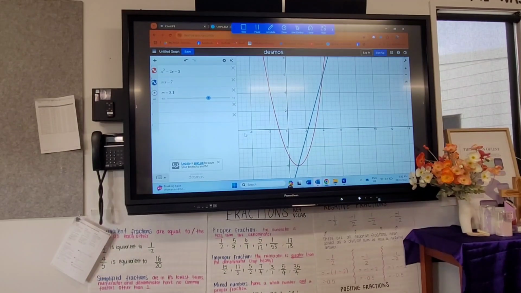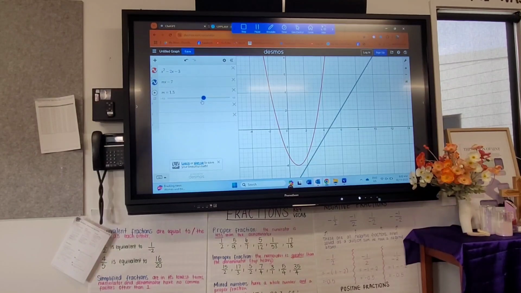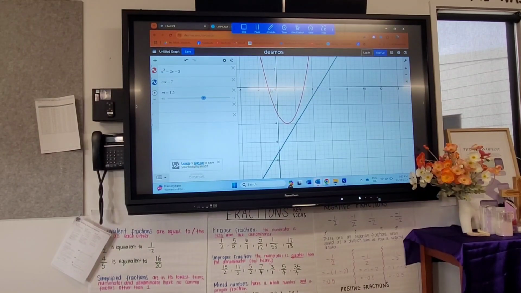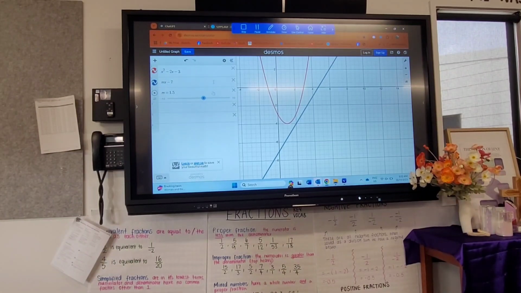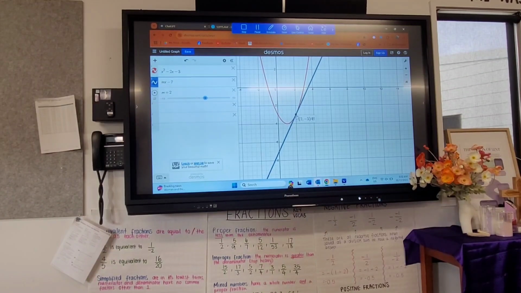It intersects it twice. If we decrease the value of m, we'll see that there are no solutions because it doesn't touch. We want to find what's the value of m when there is one solution. So we could fiddle around on Desmos with a trial and error approach and see that it occurs when m is 2, all right?